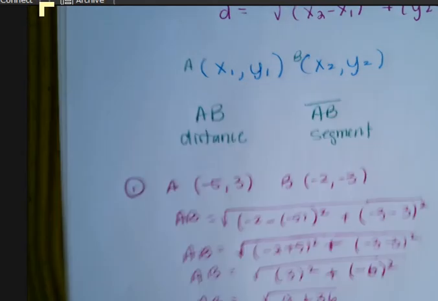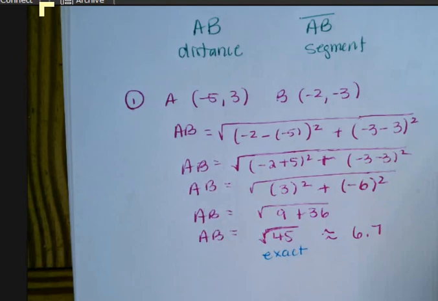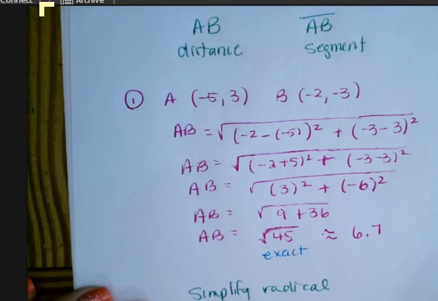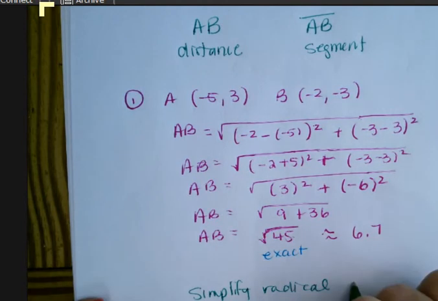Now, if I happen to ask for an exact answer, let's just say, we're pretty smart, we can handle this. We're going to simplify this radical, if you remember back in Algebra 1. When I go to simplify this radical, I need to know what makes up the square root of 45. When I taught my students, I broke it down to its prime factorization.